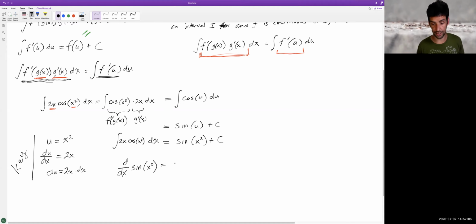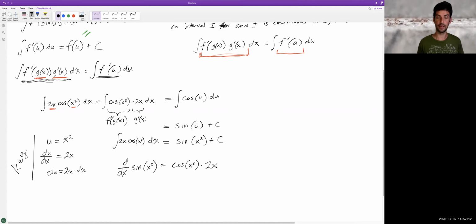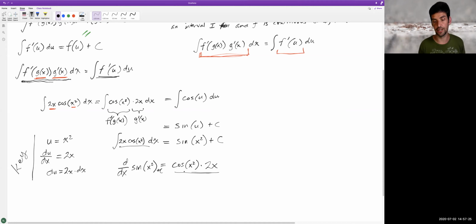I get cosine, I take the derivative of the outside, cosine, I leave the inside alone. Oops, I forgot the plus c. Well, I'll just write it here because we know the derivative of the plus c is just 0, so that goes away anyways. And I get exactly what's in the integrand, right? The order of the multiplication here doesn't matter. And so it worked. It gave us the right answer, okay?